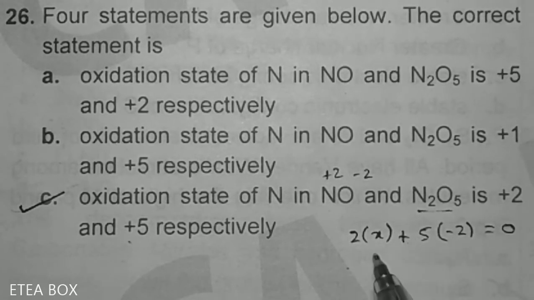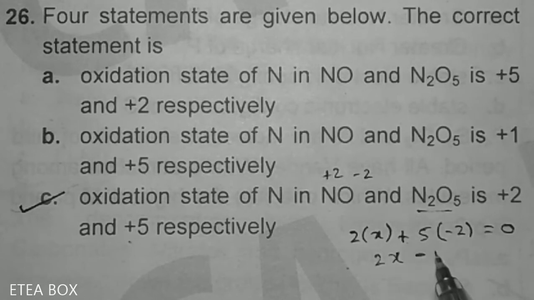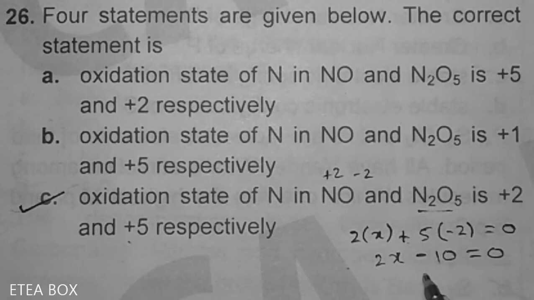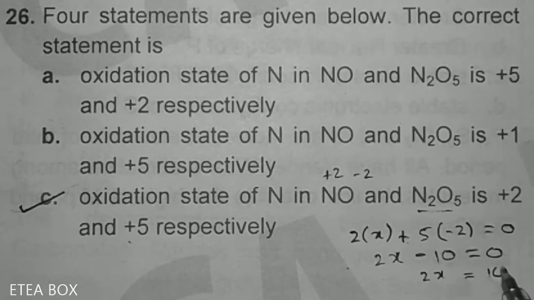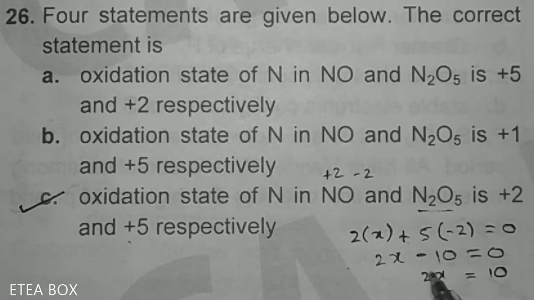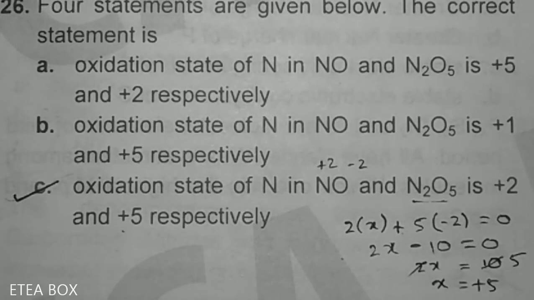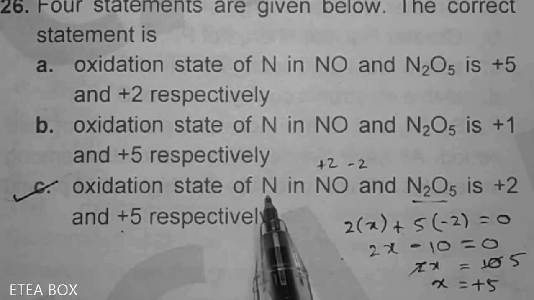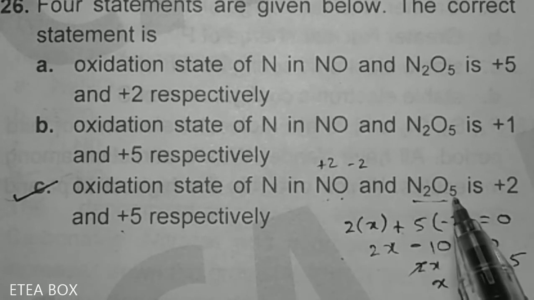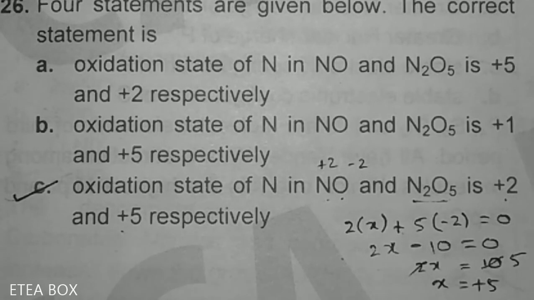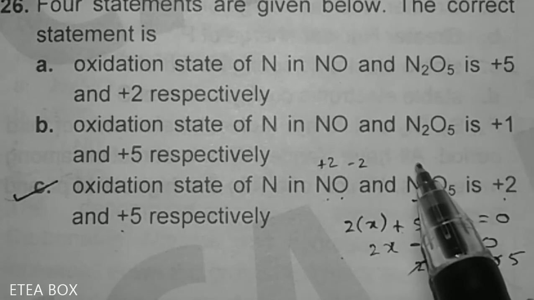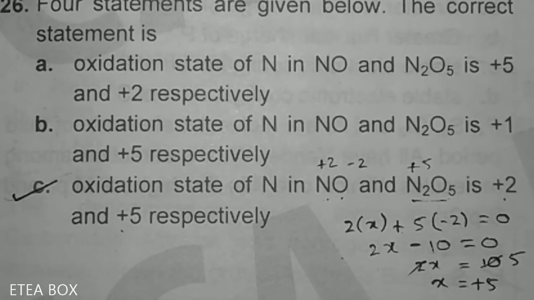Now 5 2s are 10, 2x minus 10 is equal to 0. Now bring this one here, so 2x is equal to 10. So x will be equal to +5. Now look at the C, oxidation state of N in NO and N2O5 is +2 and +5 respectively. Okay, here it is +5, so option C is correct here.